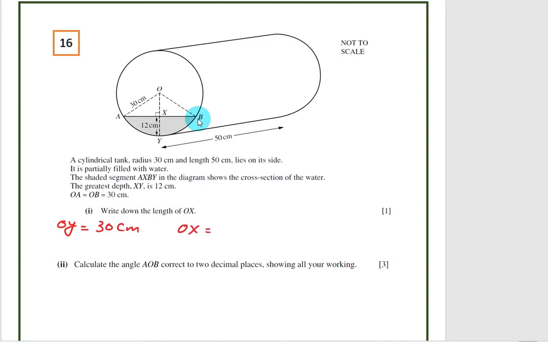OX is equal to 30 minus 12, which is 18 centimeter. So OX is 18 centimeter. Calculate angle AOB, the big angle, correct to two decimal places, showing all your work.